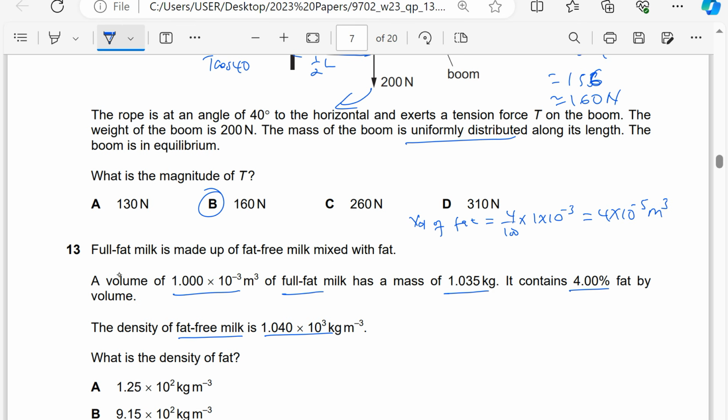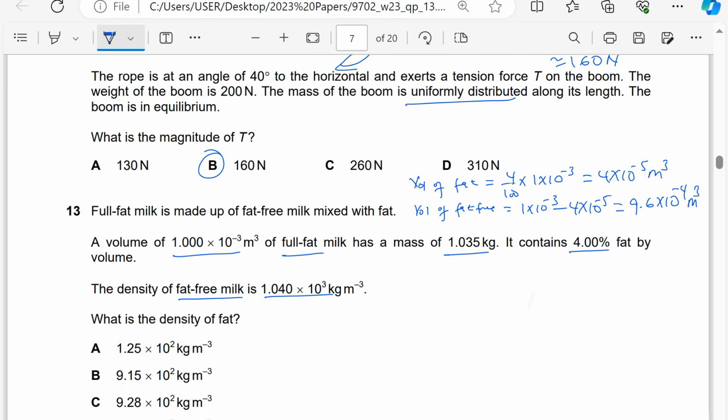Then the volume of fat-free is therefore just the difference between 1 times 10 to the power of minus 3 and 4 times 10 to the power of minus 5. This is direct. This is 9.6 times 10 to the power of minus 4 meters cubed. That is the volume of fat-free.